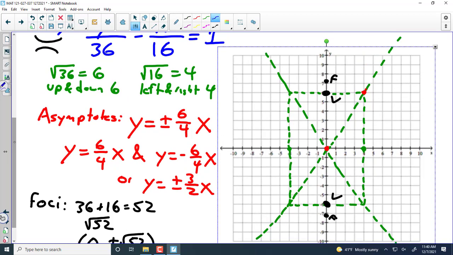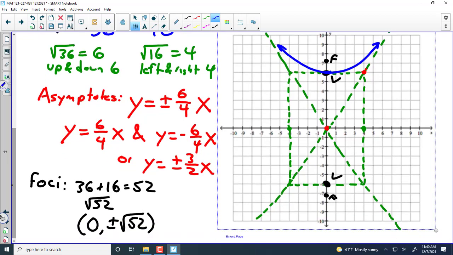So when you draw in your hyperbola, hug those asymptotes, but don't touch them, and make sure you hit your vertex, and make sure you put the arrows to show that the hyperbola keeps going, and you'll be fine. Cool or not cool? Everyone getting that?